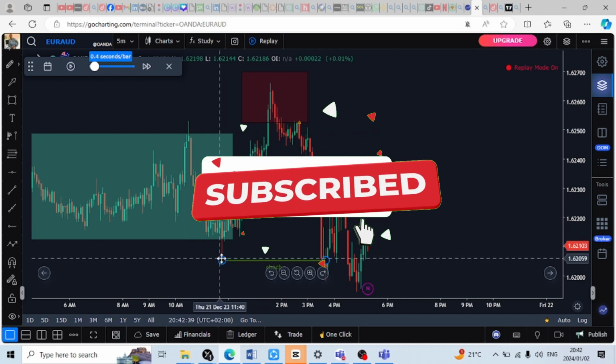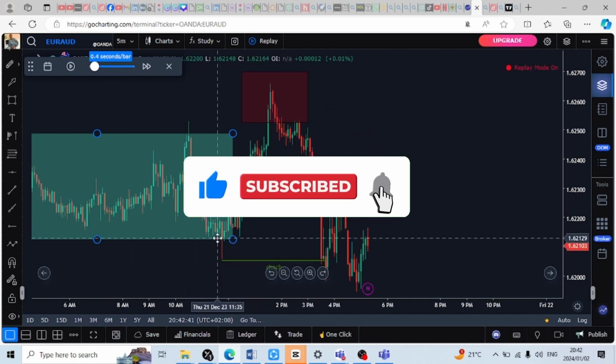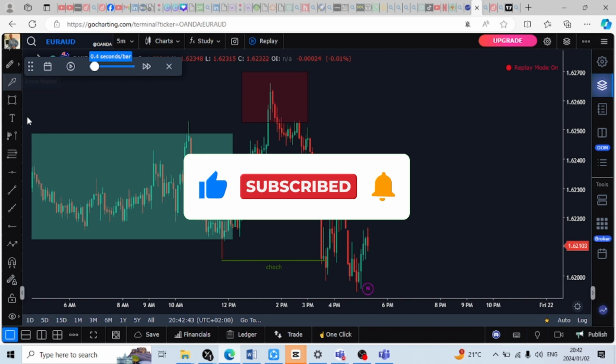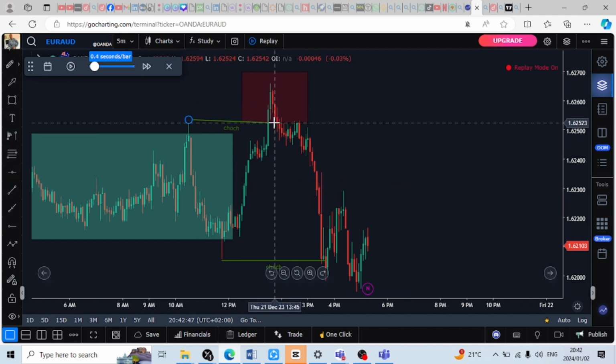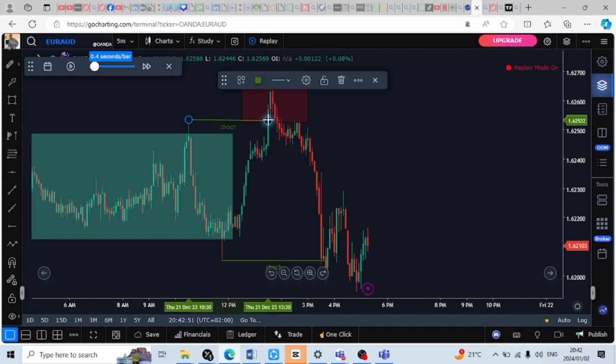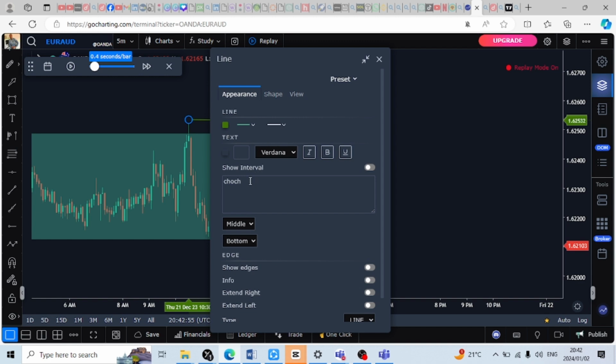A candle was able to break below this level, and this level resulted in a break of structure. Price was moving upwards, so that one is the correct change of character, or a shift in market structure. So here we have the BOS. You can't have a change of character if there is no break of structure.